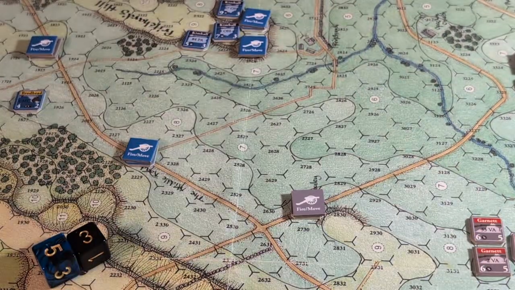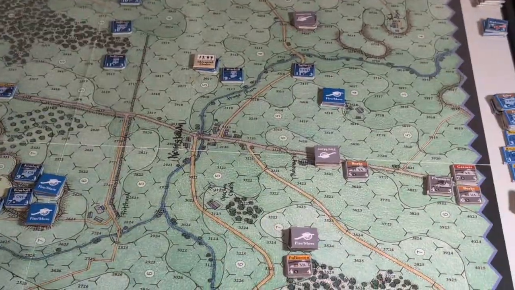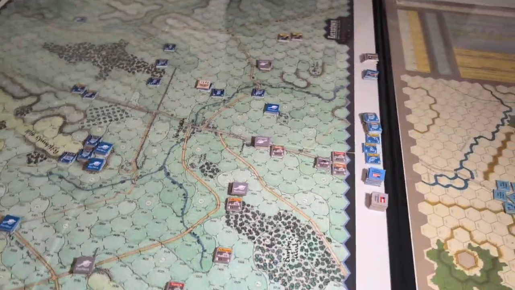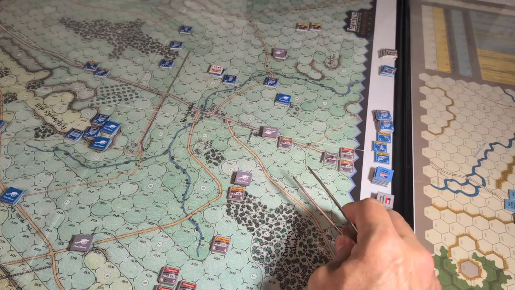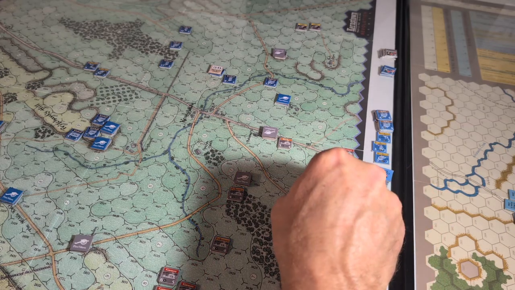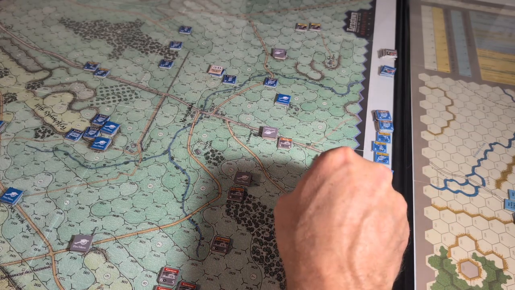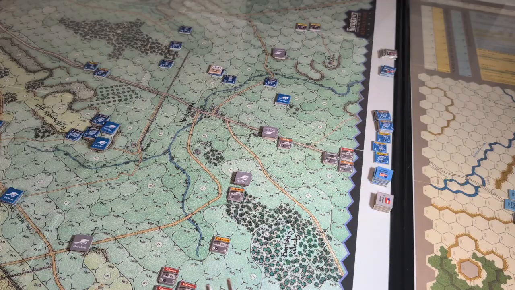And I think that's all. You know, this other artillery can't move. They're frozen. I don't think they can even fire. I don't think they can do anything.